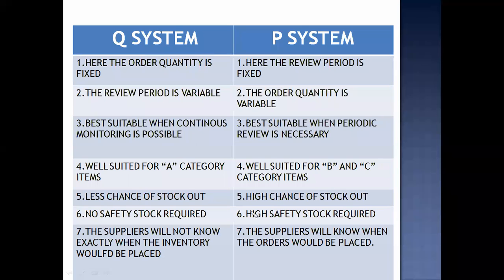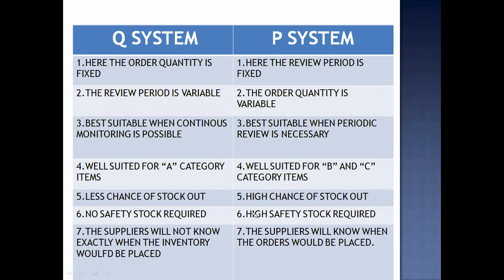So Q system, quantity system is well suited for A category items because A category items are more valuable. Then under Q system there is less chance of stock out क्योंकि quantity आज for example 1000 units I have placed an order of 1000 units and for tomorrow I am getting an order of 2000 units.